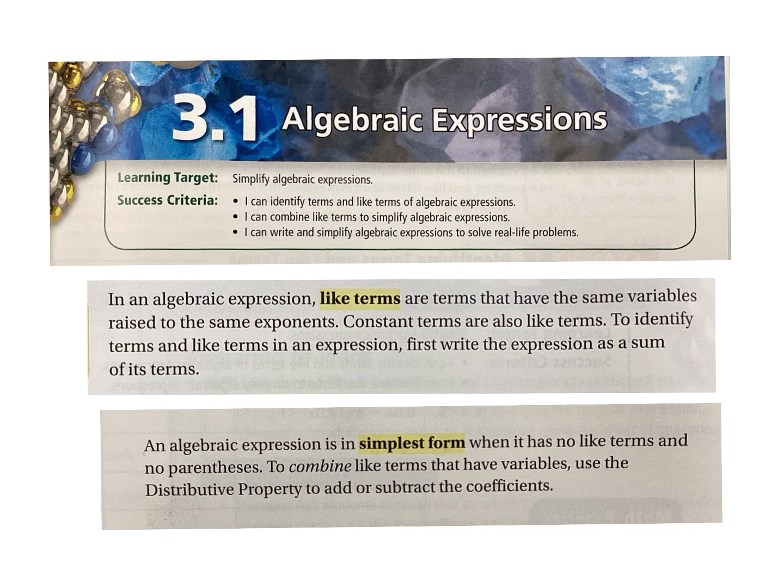Now, one other thing that's really important, there's a difference between an algebraic expression and an algebraic equation. An expression never has an equal sign. An equation always has an equal sign. So when you just have some numbers, variables, operations without the equal sign, you have an expression.